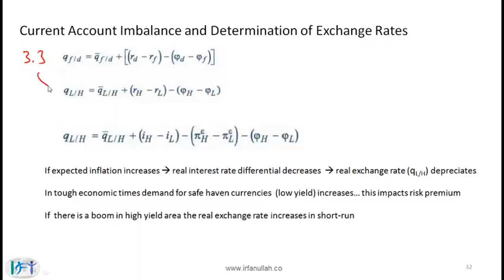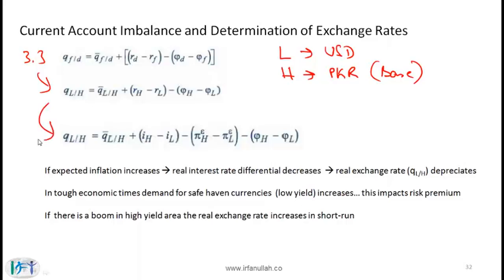This can be rewritten using a slightly different set of symbols. Here L refers to low yield and H refers to high yield. So if we take a simple example where the low yield currency is the US dollar and the high yield currency is the Pakistan rupee, the Pakistan rupee here then becomes the base currency. This expression essentially is the same, only we have replaced F with L and D with H.